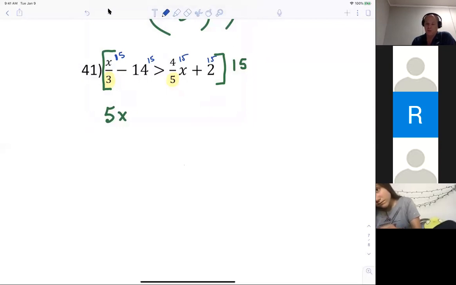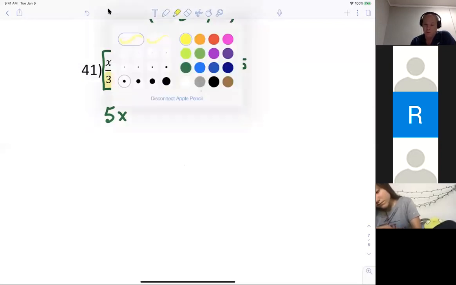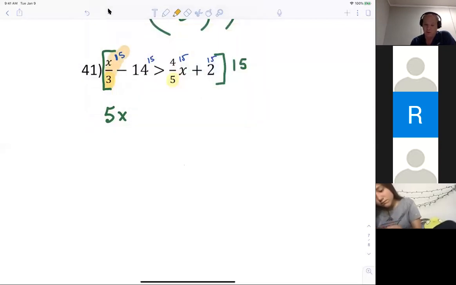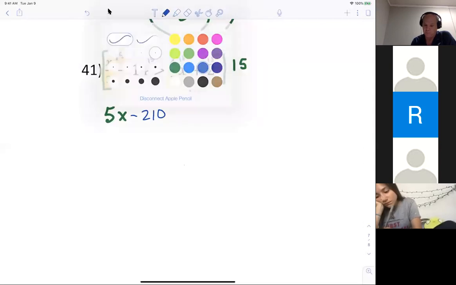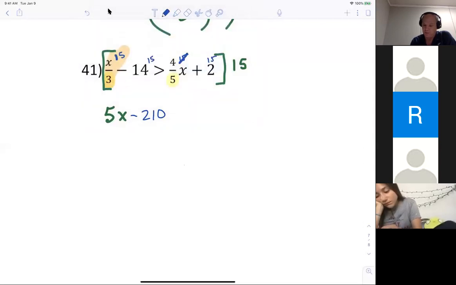So this problem right here is actually just 15 divided by 3, which is 5x. And then, of course, 14 times 15 is negative 210. And then 15 divided by 5 is 3. 3 times 4 is 12. And then 15 times 2 is 30.